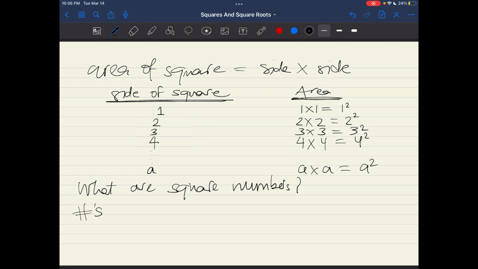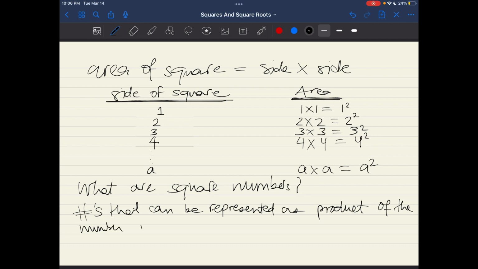Square numbers are the numbers that can be represented as product of the number with itself. So numbers that can be represented as product of the number with itself are called square numbers, right?